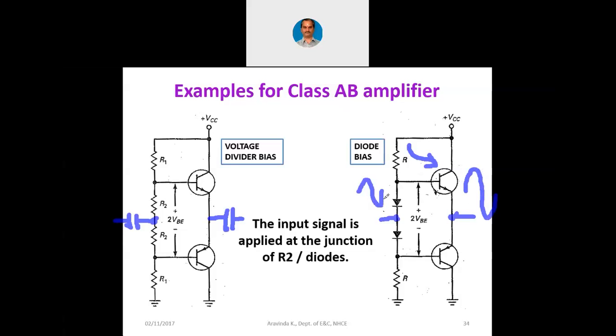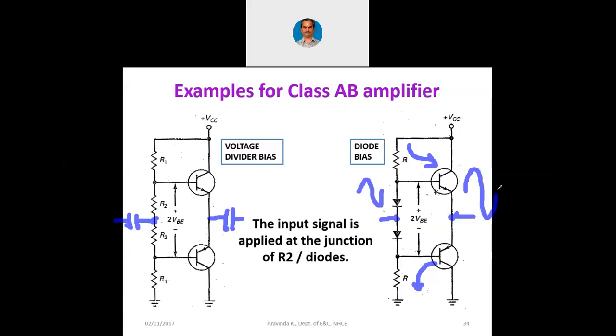Similarly, during the negative cycle, the lower diode turns off, and then this PNP conducts this way. You already know that in the case of PNP, base current goes out of the base. So PNP conducts this way, and that is how at the output the negative cycle is reproduced.